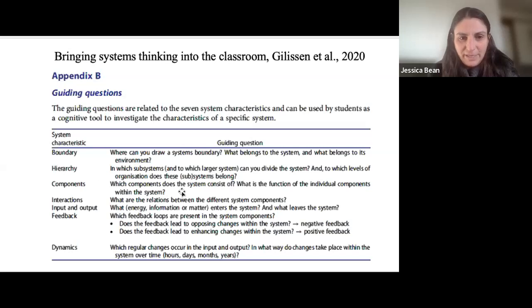And the authors even gave some really great guiding questions that can be used to get students to think about these different systems characteristics, which are very useful.